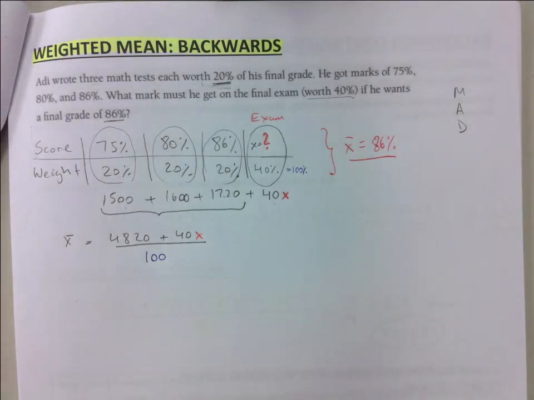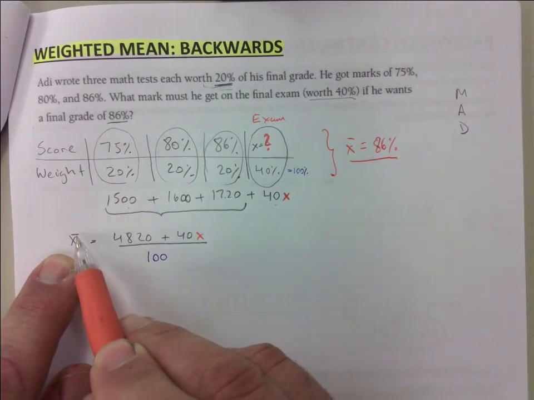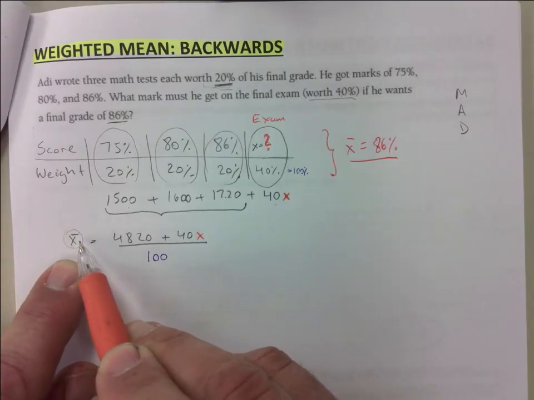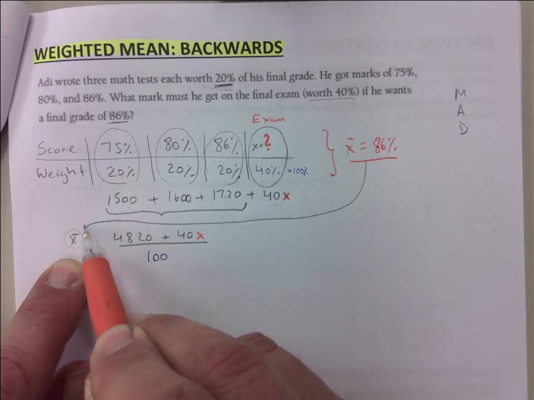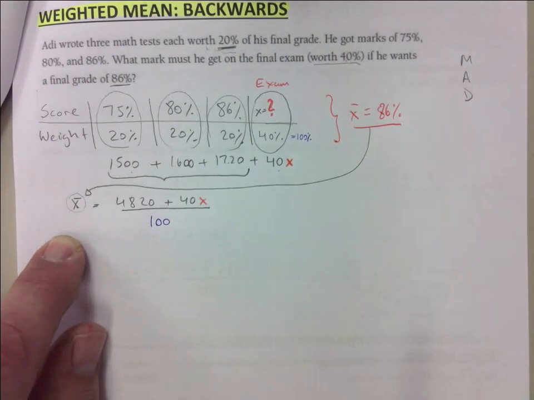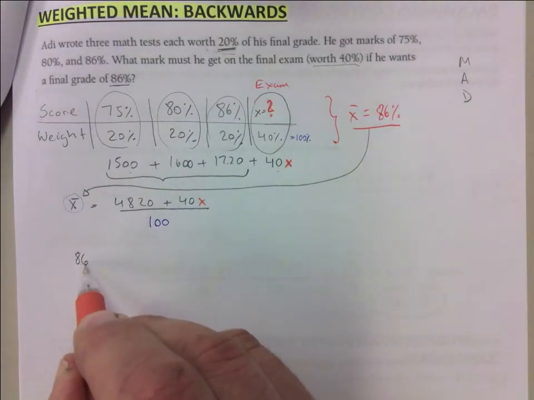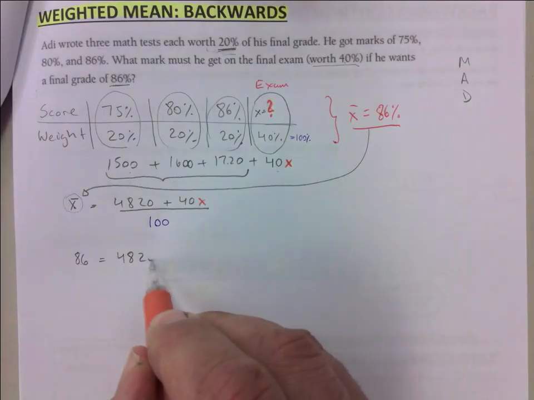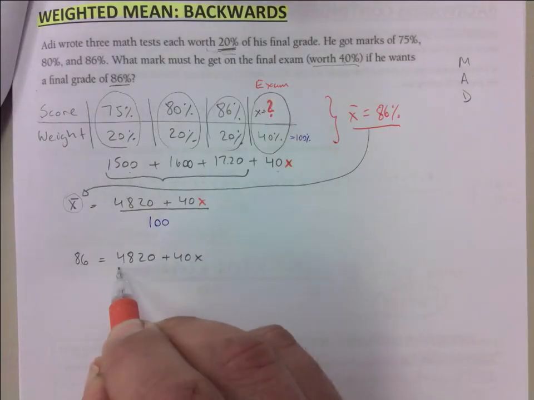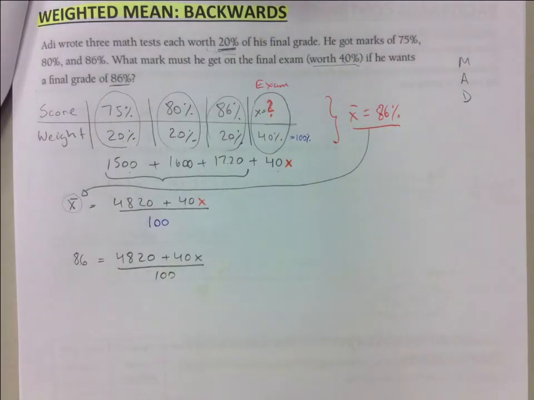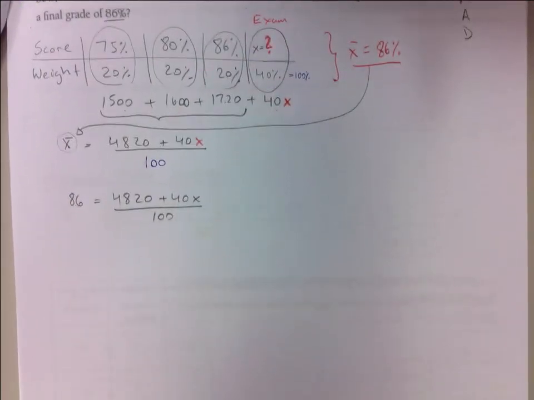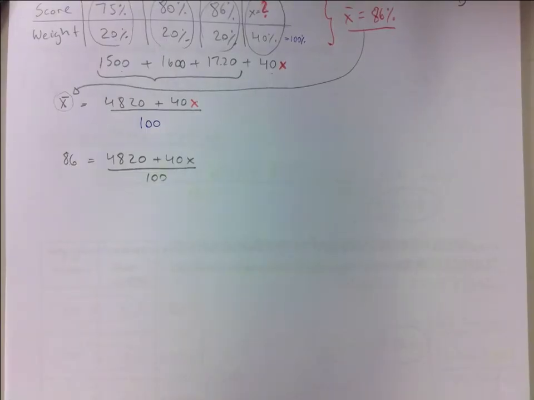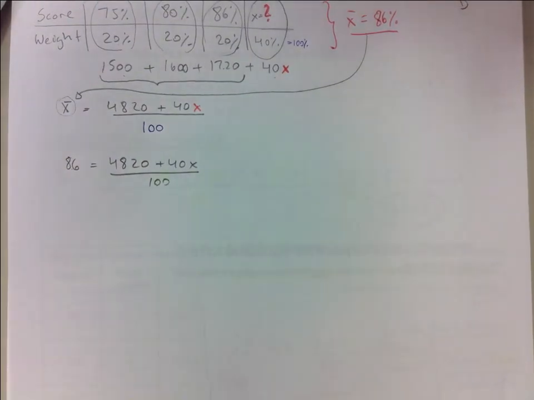And so what do we do now? Do we know this number here? This is something that we actually do know. We would like this to be 86. So you substitute that in. 86 is equal to 4820 plus 40x over 100. And now you just manipulate that equation until you have x all on its own.